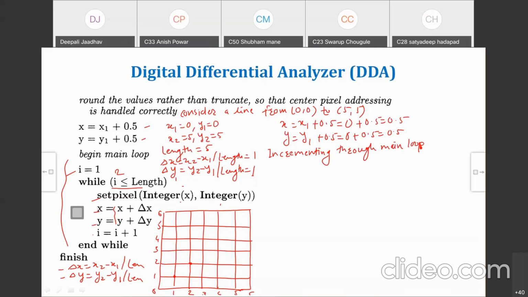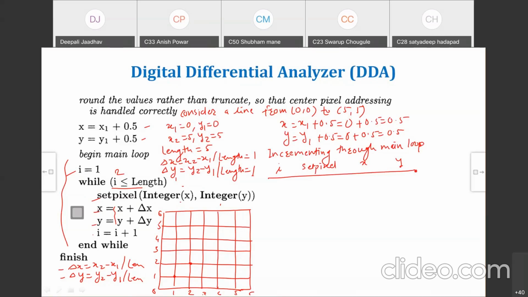Incrementing through main loop. I write here the value of I, set pixel that we are going to draw on the screen, the value of x and y. So these 4 values are required during the calculation: I, x, y, and the set pixel.